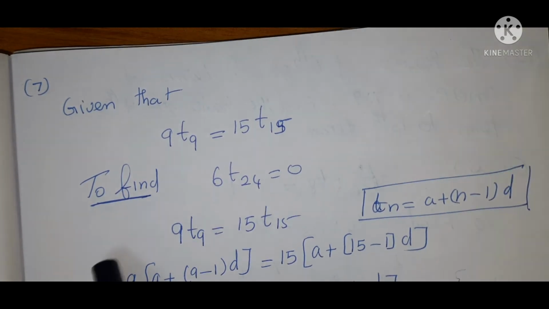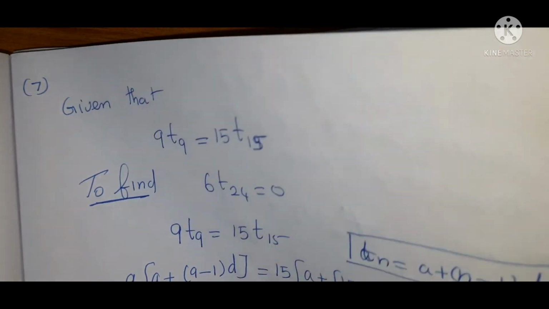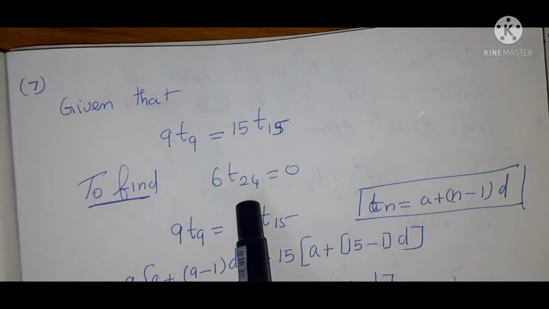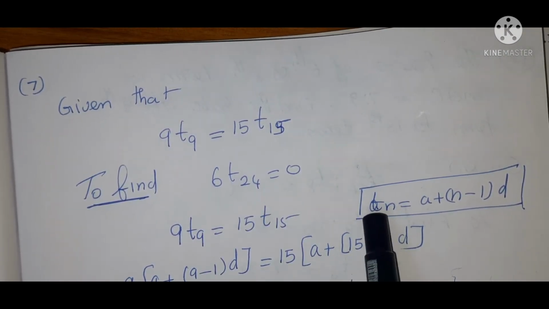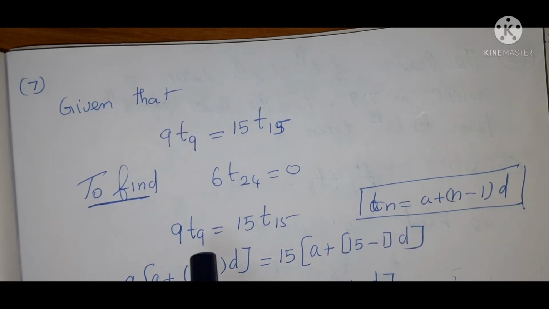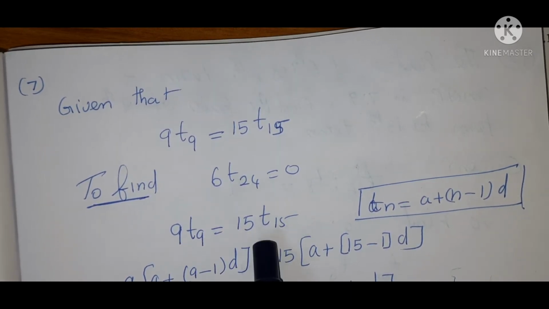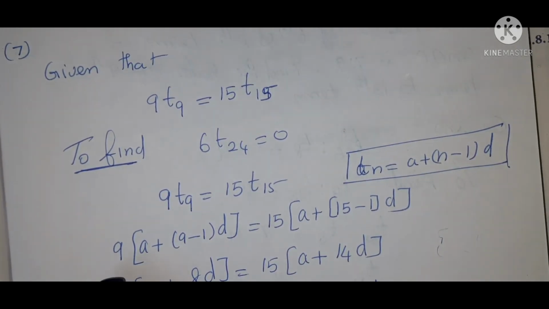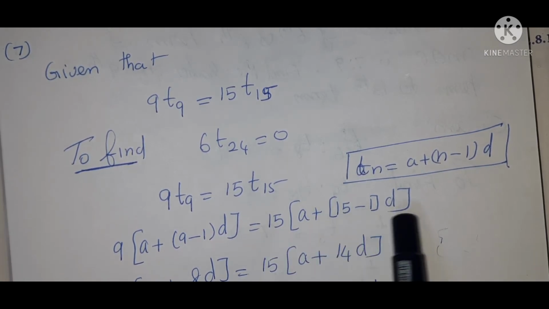To show that 6 times T24 is 0. Using Tn is equal to a plus (n minus 1) into d: 9 into T9 is equal to 15 into T15. 9 into (a plus (9 minus 1) into d) is equal to 15 into (a plus (15 minus 1) into d).